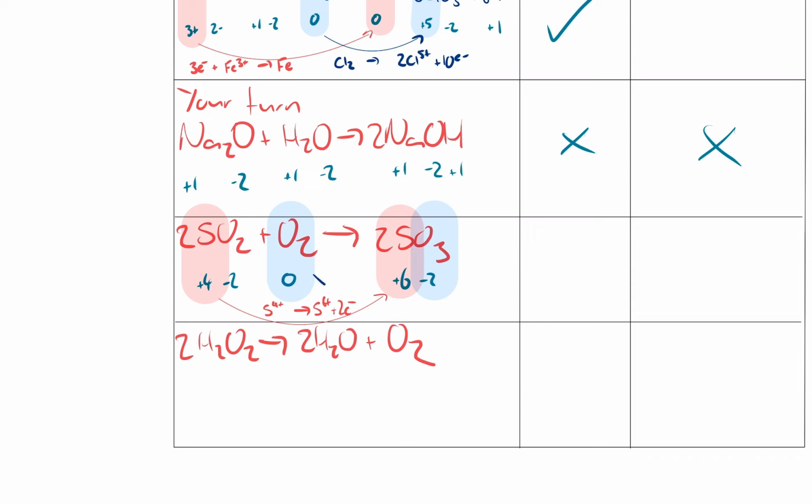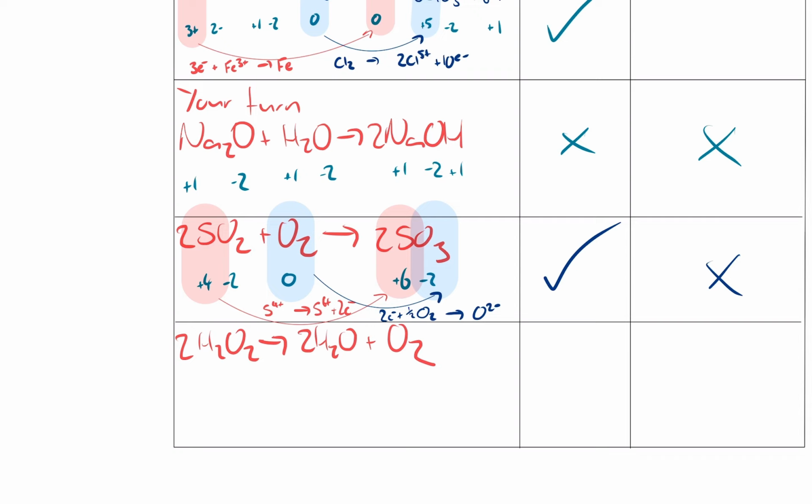And for here, we've gone from O2, we'll keep it simple, or we'll go half O2 to O2-, gaining 2e-. So here we've gained electrons, reduction. We can also say it's an oxidizing agent. Here we've lost electrons, oxidation. We can also call it a reducing agent. So yes, no. Last one.